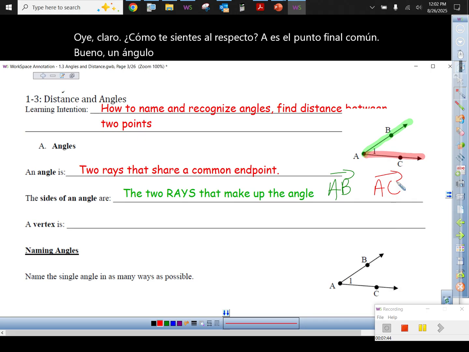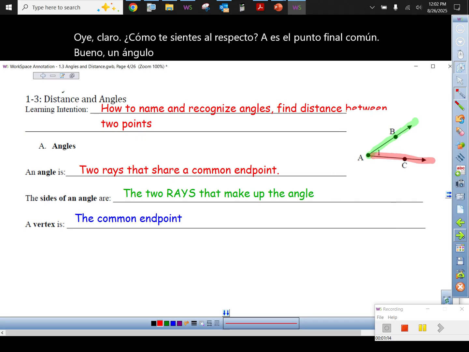And then the big boy we talk about a lot on an angle is called the vertex. The vertex is the common endpoint. That common endpoint is the vertex of our angle. Out of ray AB and ray AC, didn't you just tell me that the common endpoint was A? That is the vertex of this angle.